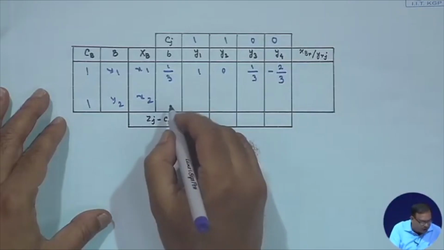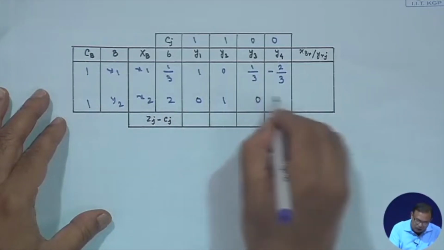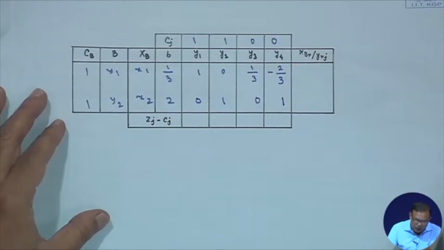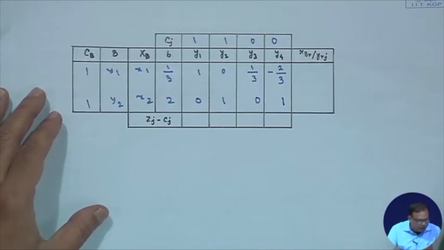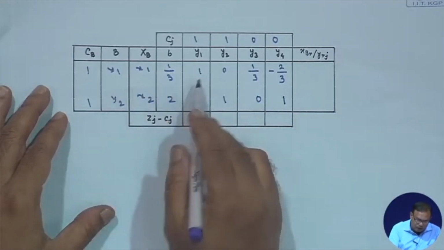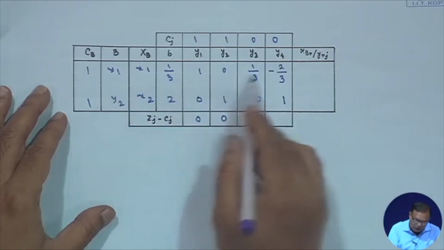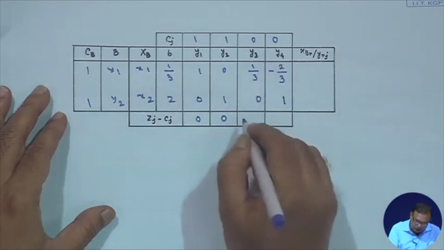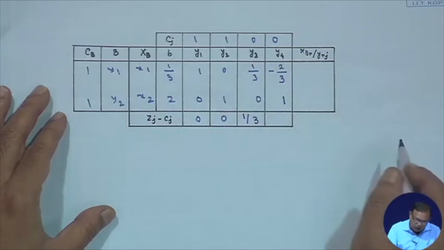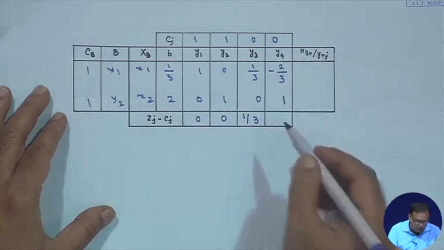And for this case, it is 2, 0, 1, 0 and 1. If you calculate the zj minus cj values, you will obtain 1 minus 1, 0, 1 minus 1, 0. In this case, 1/3 minus 0, 1/3. This is equal to minus 2/3 plus 1, so it is also 1/3.